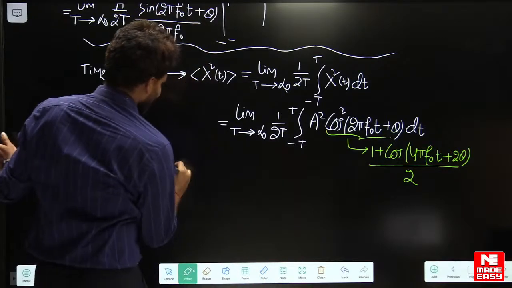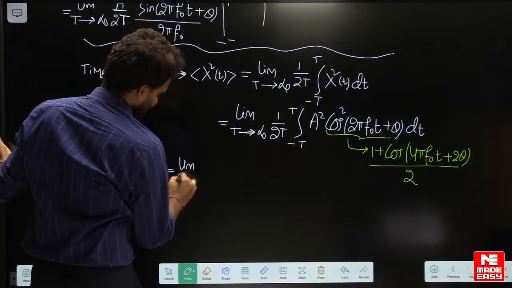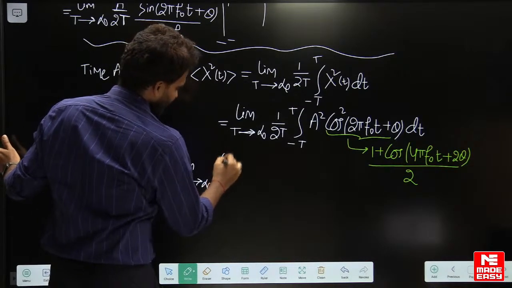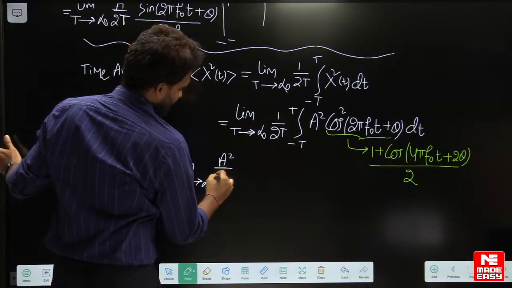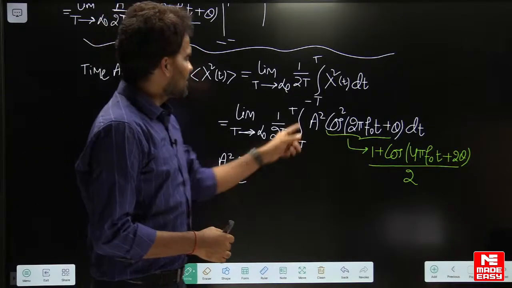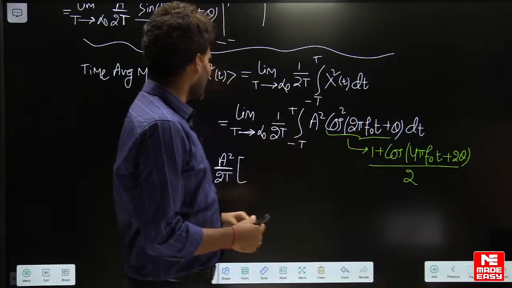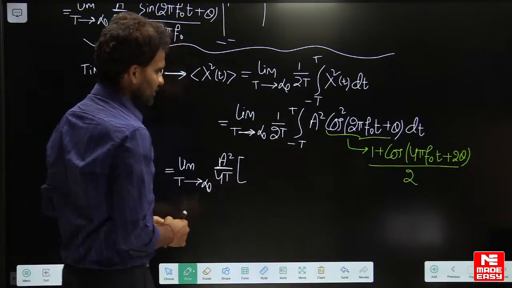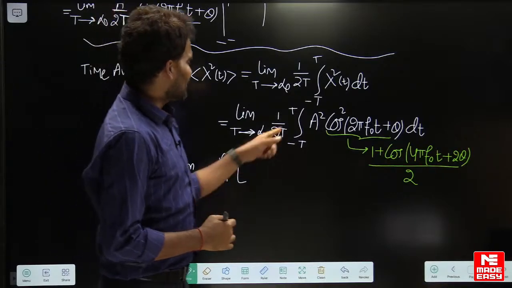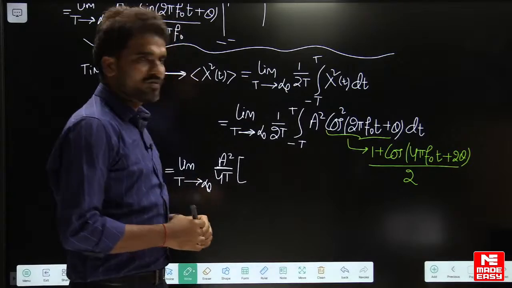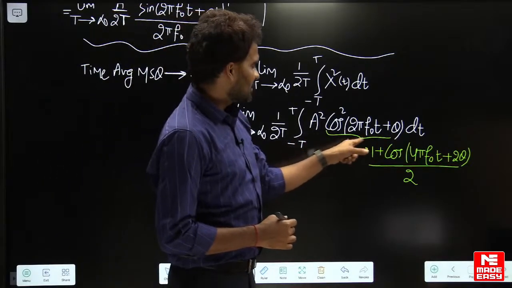A squared by 2 I'm writing outside, then it is A squared by 4t you will get. 1 by 2t times A squared by 2 gives A squared by 4t. The first term will be constant.